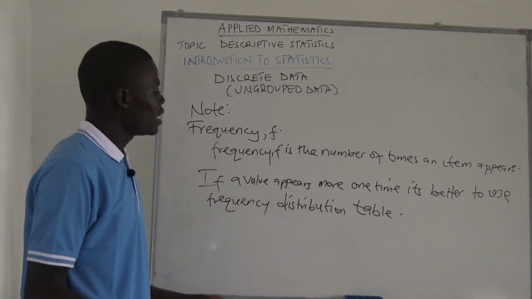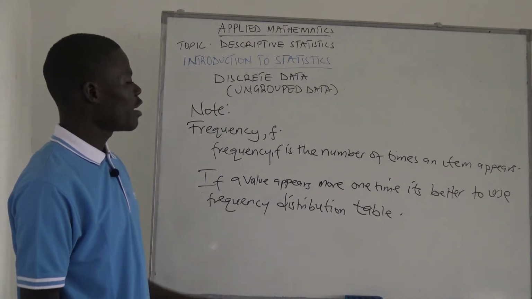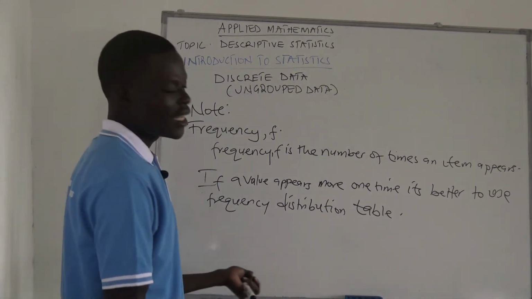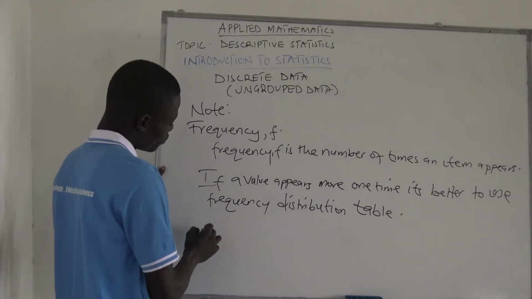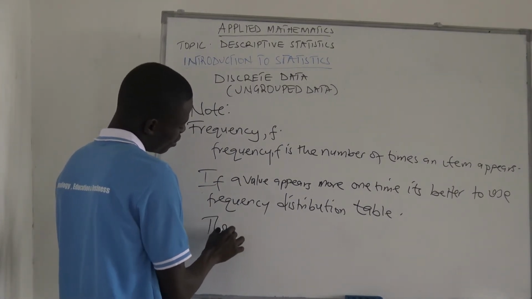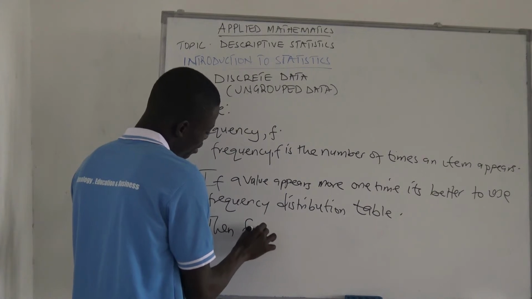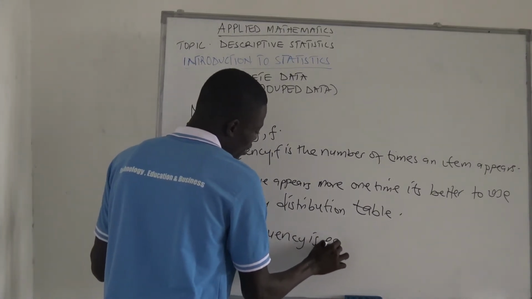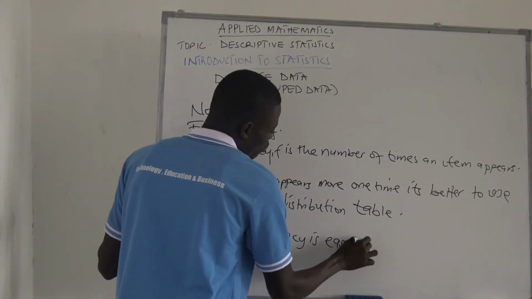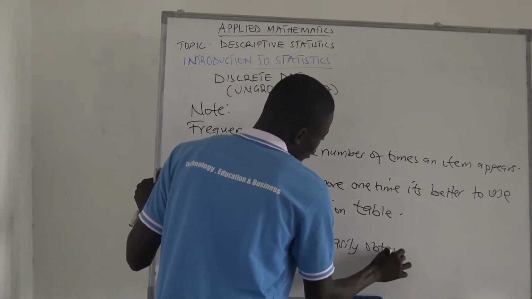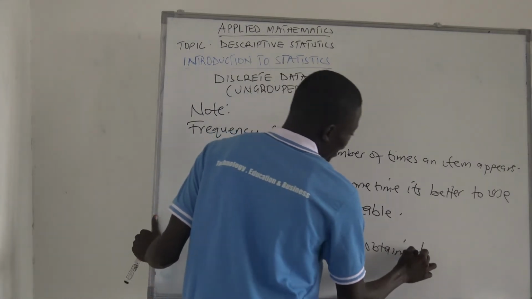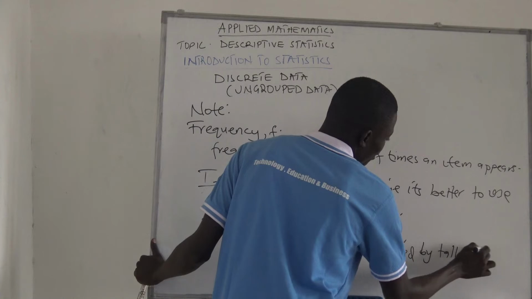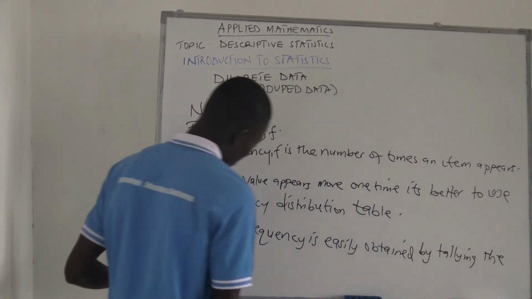Frequency, if you have done your frequency distribution table, is easily obtained by tallying the data.